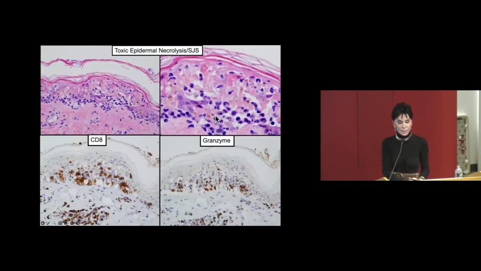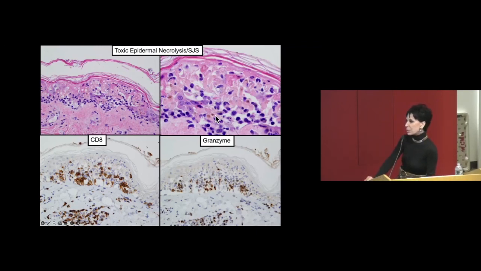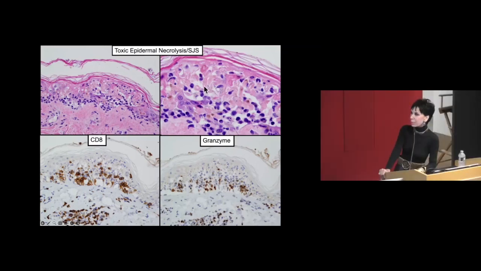And so what does one see, whether it is TEN or SJS? There is profound and extensive keratinocyte injury, far in excess of what we see in erythema multiforme, triggered by an infection. So here we have confluent epithelial necrosis. And I think it's important to know that there's somewhat of a disparity between the massive degree of keratinocyte necrosis and the relative lack of in situ lymphocytes.